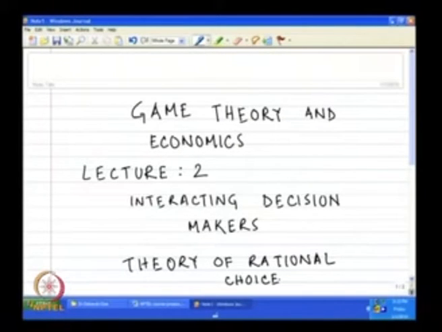Also, the theory of rational choice implies that the choices made by the players or the economic agents must be consistent. By consistent we mean that if he chooses action A over another action B, then in another situation where A and B are available to him, he will never take action B if A is available.